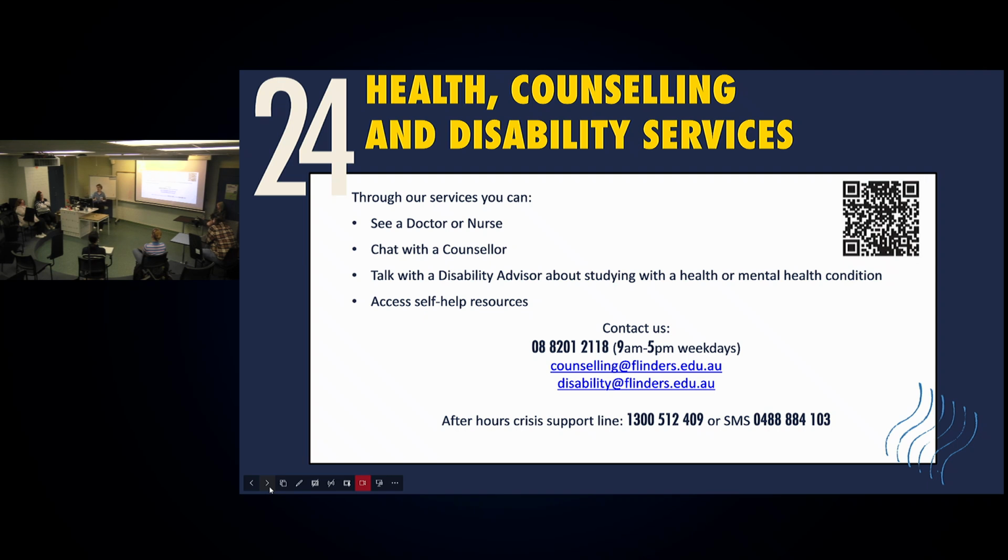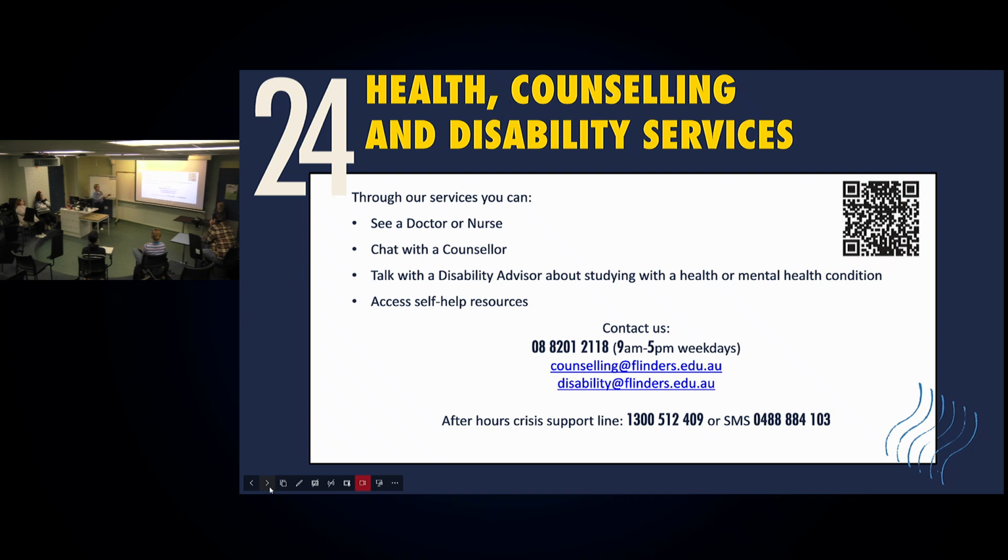If you are a student that does have a disability and needs to find out more about getting a disability access plan, which can help you negotiate extended timelines for assessments, etc. with your topics, then the disability services can help you navigate that process as well.